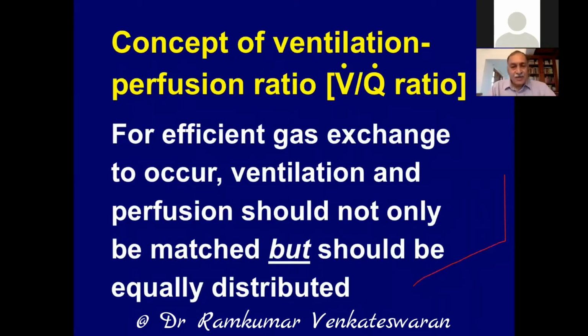So now for efficient gas exchange to occur, ventilation perfusion should not only be matched, not only should it be close to a ratio of 1, but should also be equally distributed. And we will take 2 extreme examples to try and understand this.